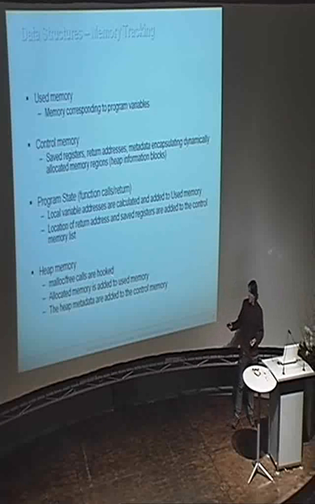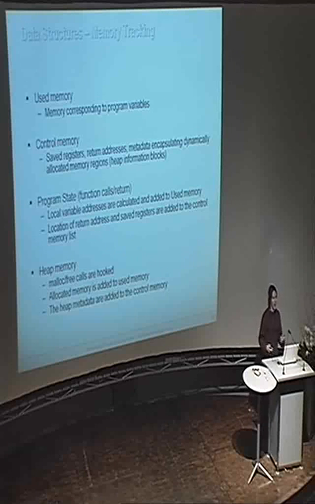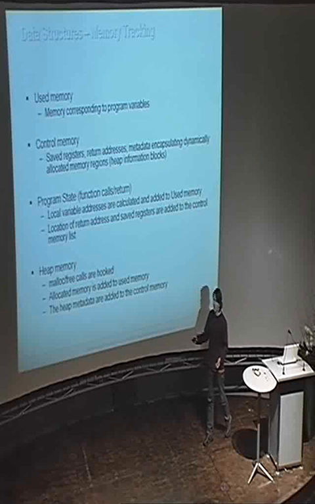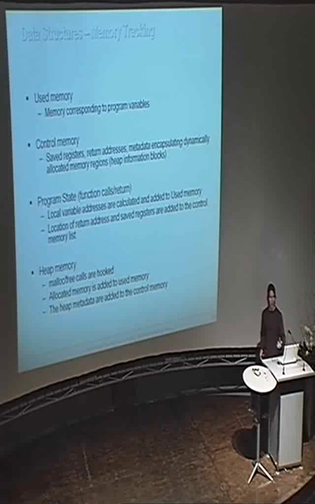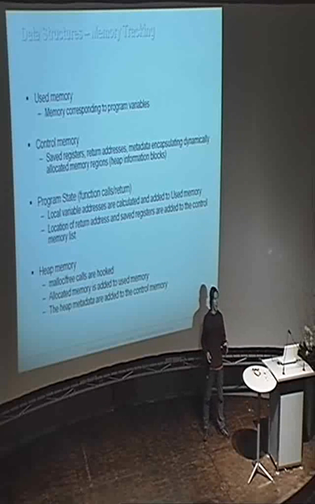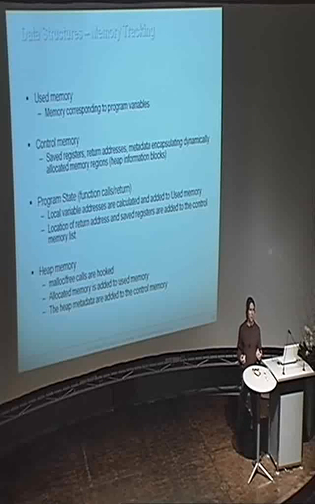So to keep track of the heap memory, you need to keep track of all the calls that manipulate the memory. For example, if you have a Linux system, you are going to keep track of malloc and free. You are going to keep track of everything that is really using the heap of the system. There are plenty of different ways, and there is another challenge, which is that big applications have their own heap implementations.